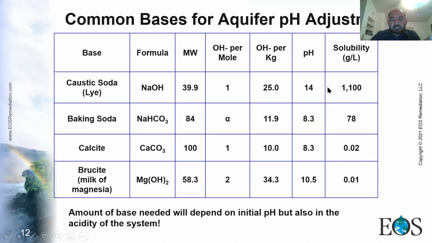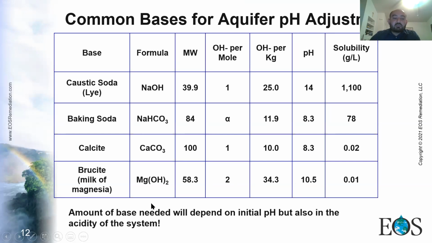However, if you inject it, there is a possibility of overshooting, basically having a pH higher than what you want, and that will definitely kill the bacteria. There are some limitations, for example, with the carbon-based buffers as well, because they also depend on the carbonate system. And for example, with brucite, the main limitation is the solubility, but you can have a more amenable pH in the end.